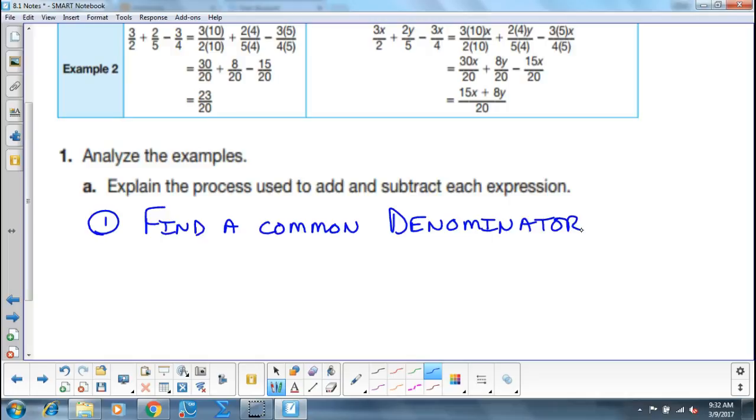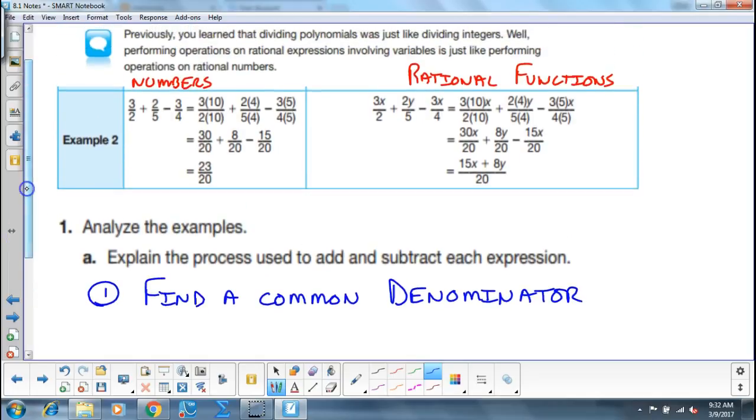In the first one it was 9, in the second one it was 30, in the third one it was 24. In a rational function, it might be numbers, like up here in this example, but it might also be something that you might have to factor, a polynomial of some sort. We'll get more into that tomorrow, but for today, it's probably just going to be numbers.